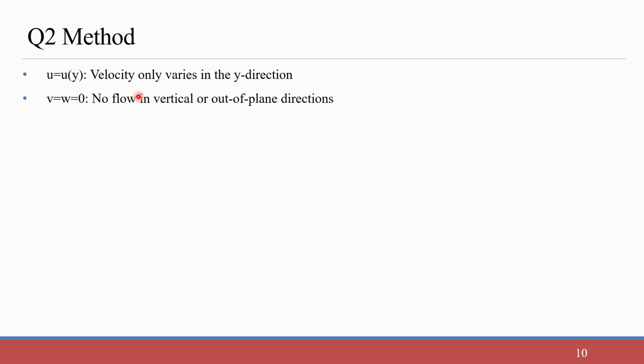And the v and w components of velocity are 0, so there is no flow in the vertical or out-of-plane directions. It is given that p is a function of x. Pressure varies in the x direction, so gradients are dominant in the x direction.